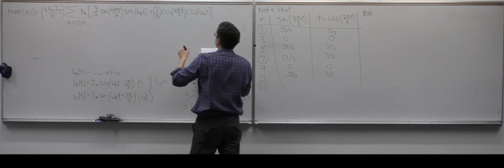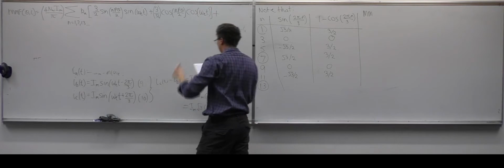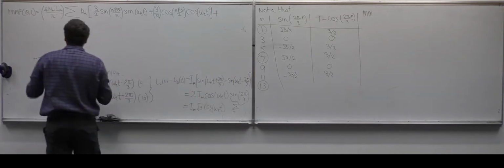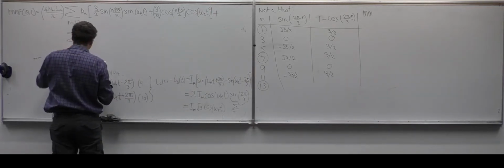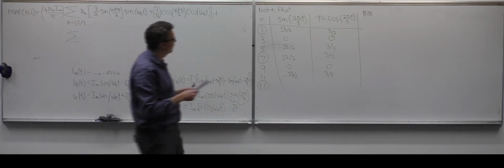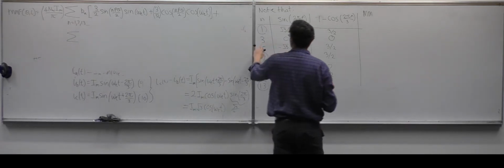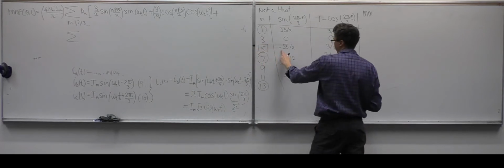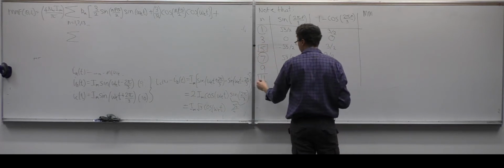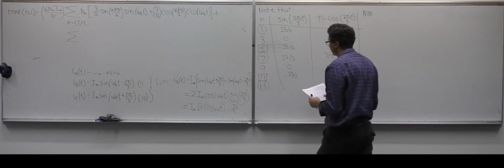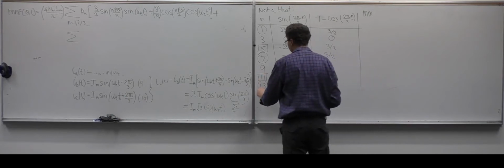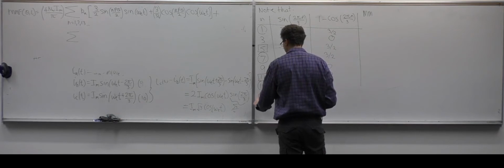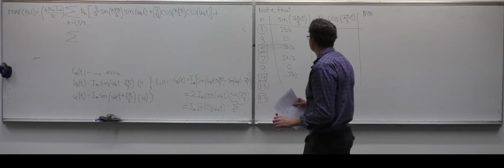Like that. Plus, second term. Now, if we look at, so there's no 3. Now the fifth is a negative. The 11th is negative. The 17th would also be negative.